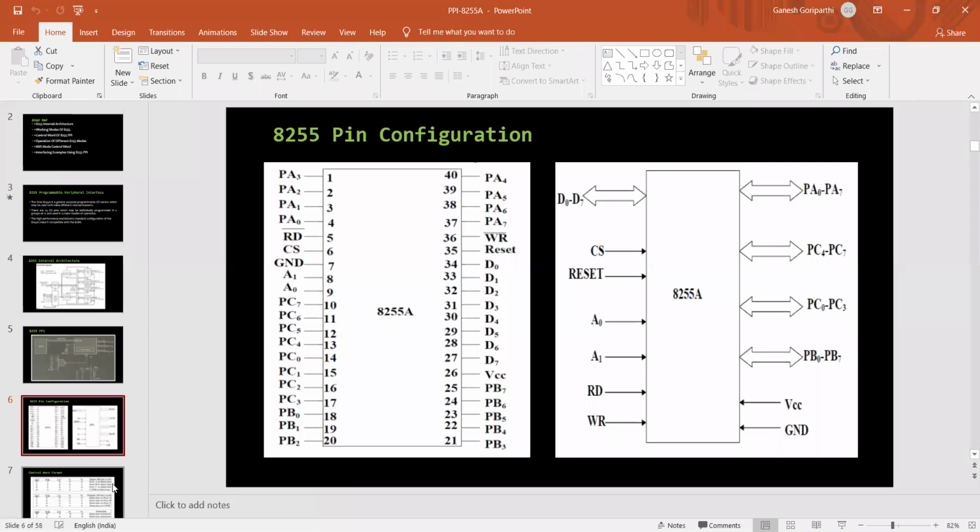This was the architecture of 8255, and the figure being shown gives you the pin configuration. That means it has 40 pins, as I told you.